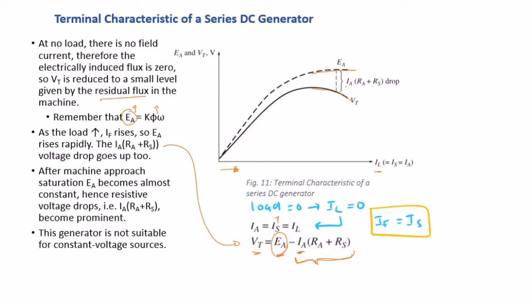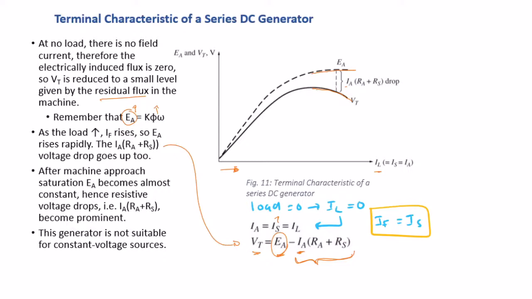And you can see the fourth bullet point says that this generator is not suitable for constant voltage sources. Why? As you can see here, the variation of VT is so significant when the load is changed. Also, VT doesn't change in one direction.